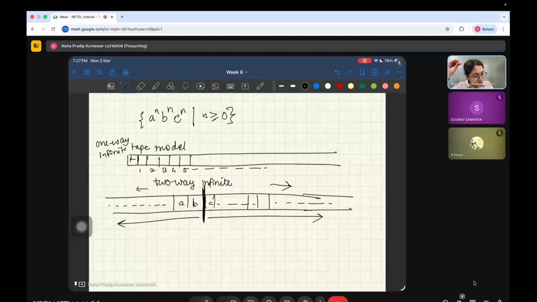Then what you do is, for every content, let me color this. These are blue and these are red. Think of it this way: the cells to the left are color coded blue and the cells to the right are color coded red. Take the first content from the blue side and put it here, take the second content and put it on the odd numbered cells in this tape alternately.